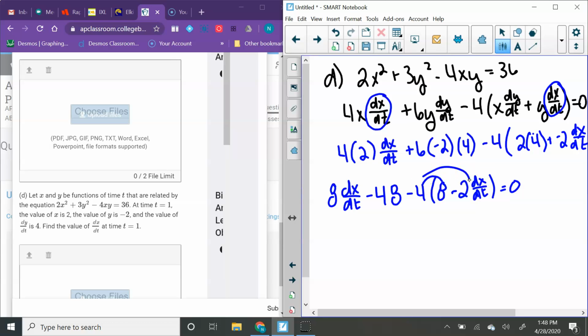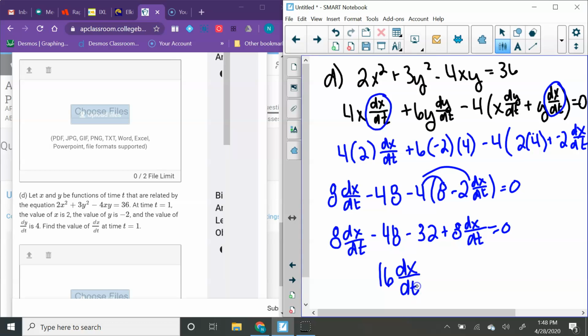You'll need to distribute here. So you got 8 dx/dt minus 48 minus 32 plus 8 dx/dt equals 0. And if you put those two 8 dx/dt's together, you get 16 dx/dt, and you're going to have minus 80 equals 0.